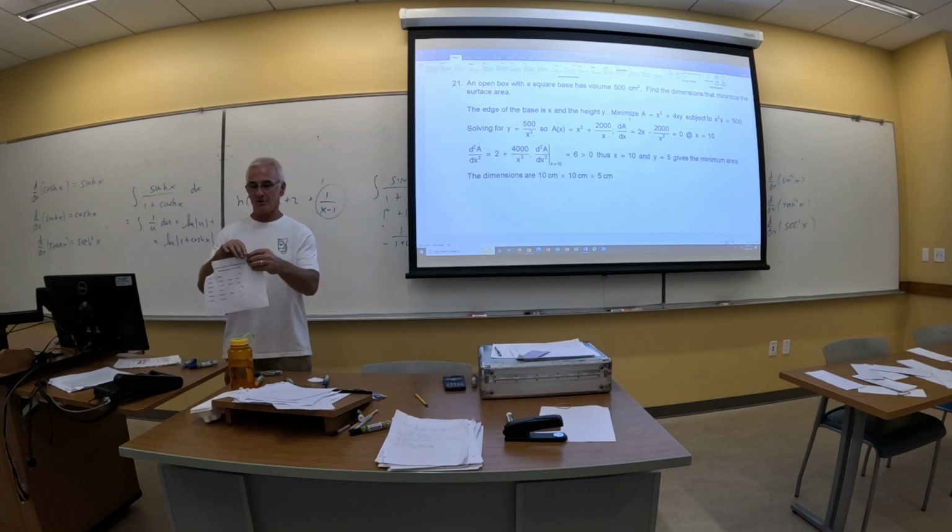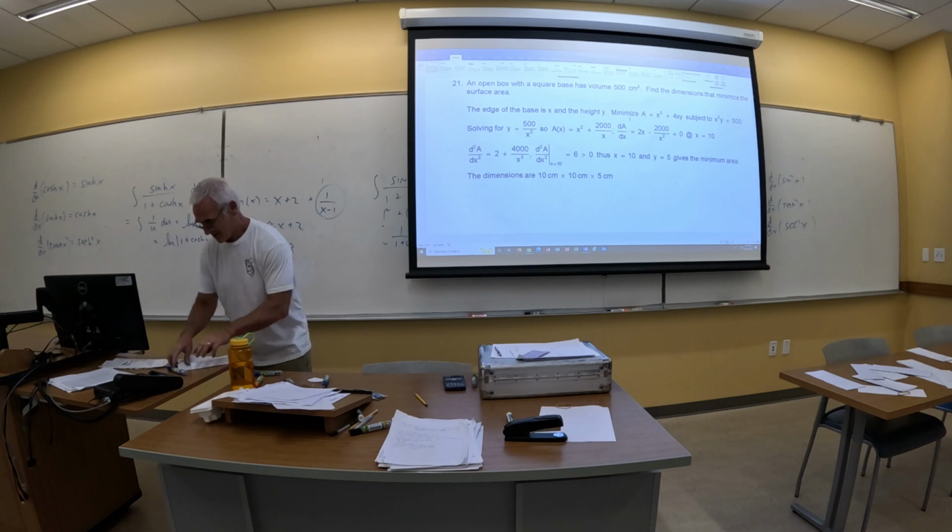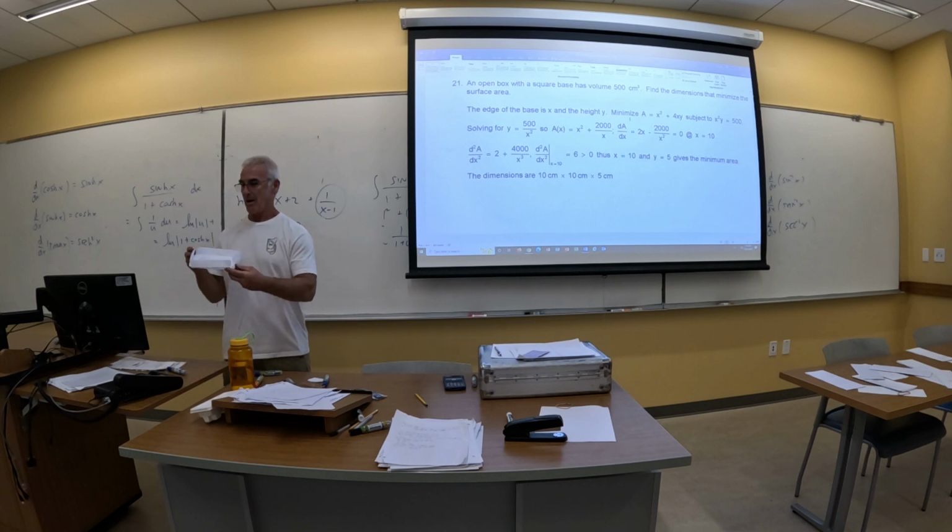I have generations of kindergartners who can now pass this test because they did this problem. This is exactly how you do it. I should have done this in the lecture. I didn't have time. Now what do I do? I fold. No, it's not going to be a paper airplane. It's an open box. It works way better with scissors, by the way.